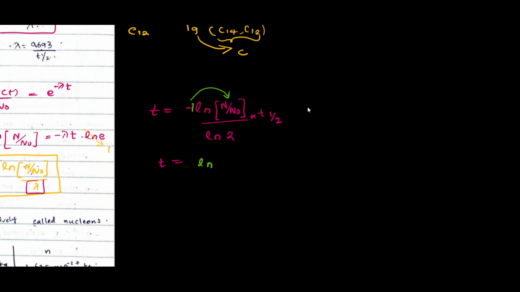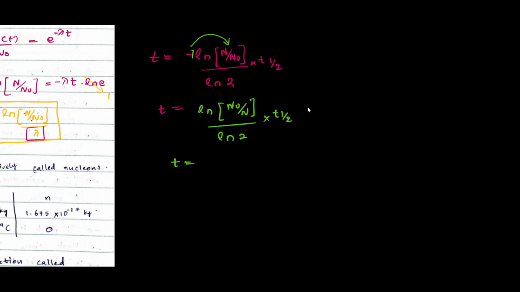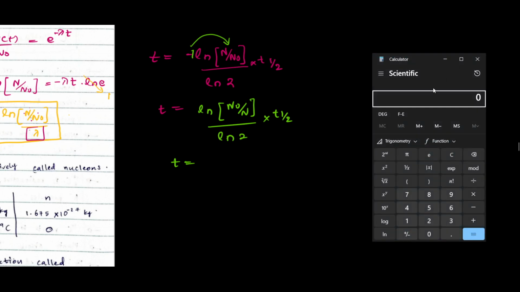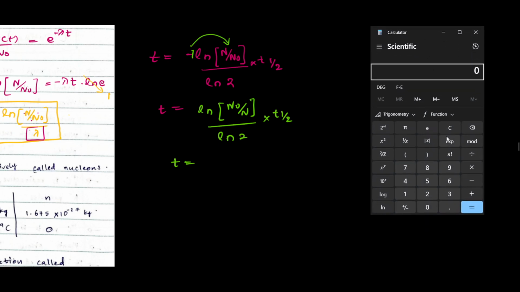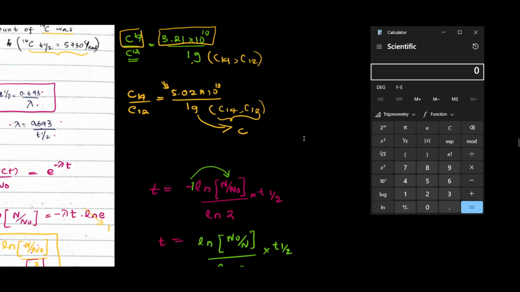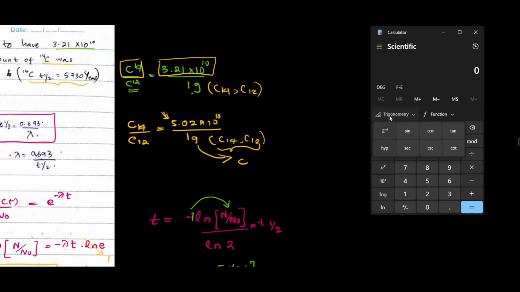Just flip it. So t is equal to ln of N naught over N, over ln 2, into t half.